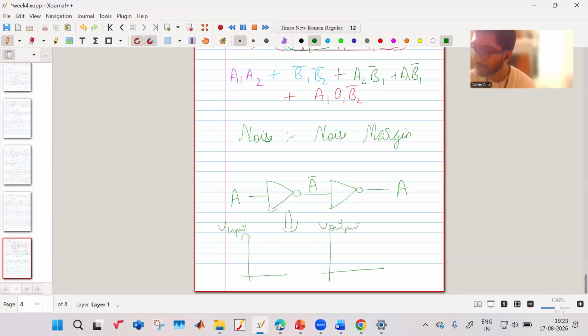Input signal, let us say it is between 0 to 5. When your input signal is between 0 to 2 volt, you assume your input signal is 0. If your signal is between 3 volt to 5 volt, then your input signal is 1. And in this region, it is undefined.